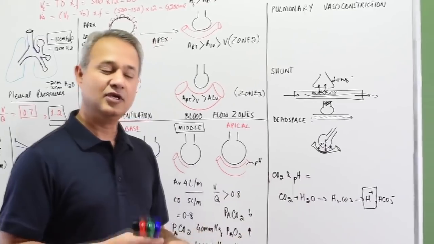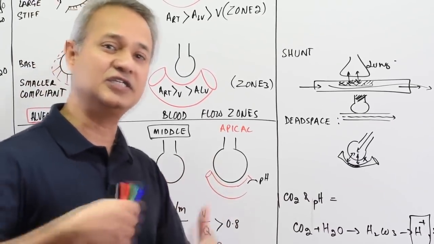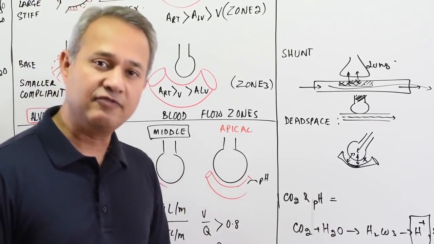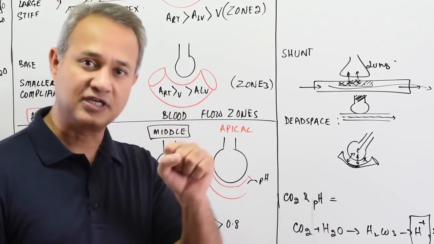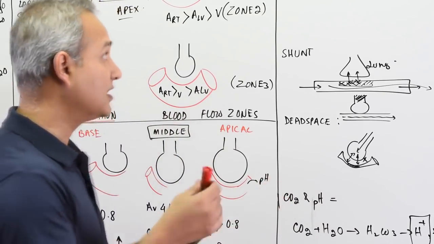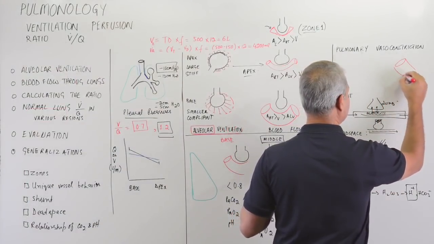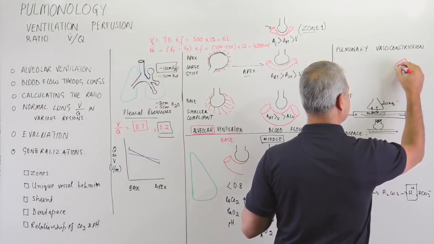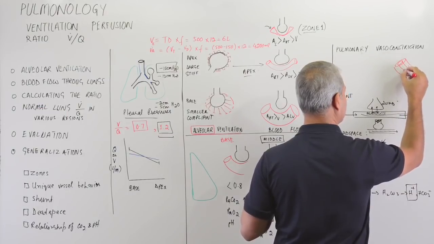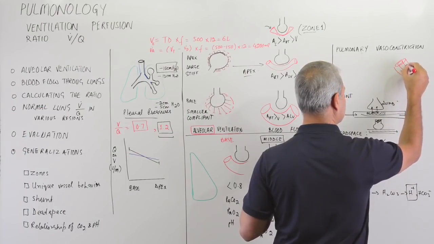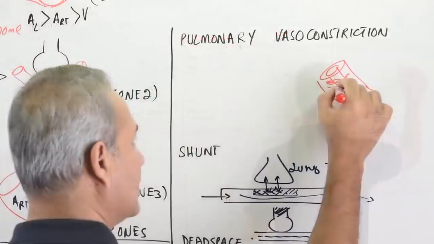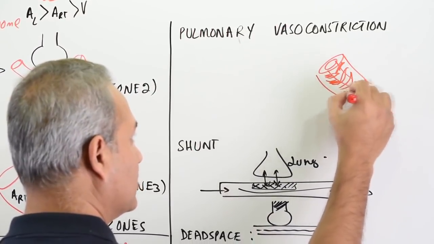How does that happen? So lungs have a paradoxical arterial behavior, and that behavior is that the blood vessels constrict under hypoxia. So let's look at that very quickly. Let's say that this is the blood vessel, and this blood vessel of course has an arterial wall. In that wall there are smooth muscles.